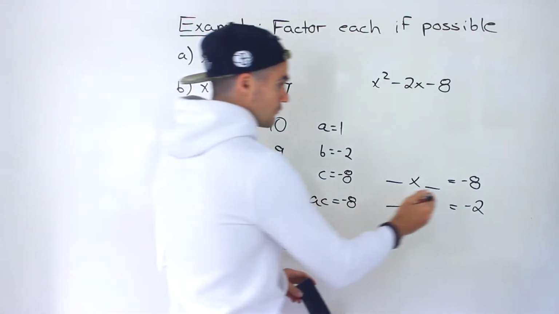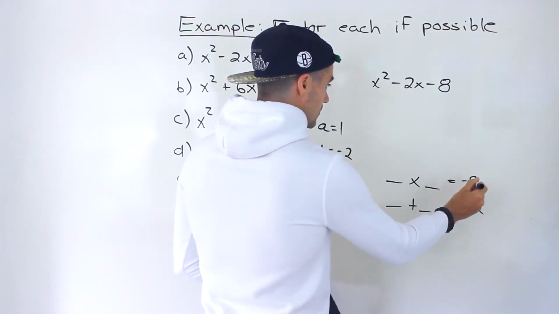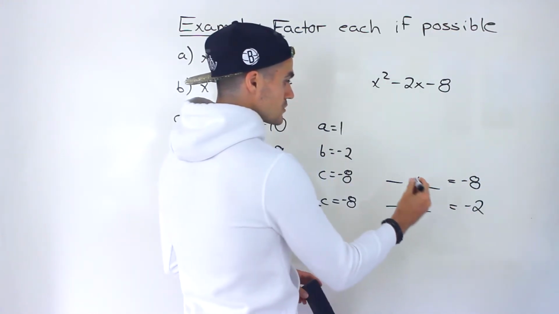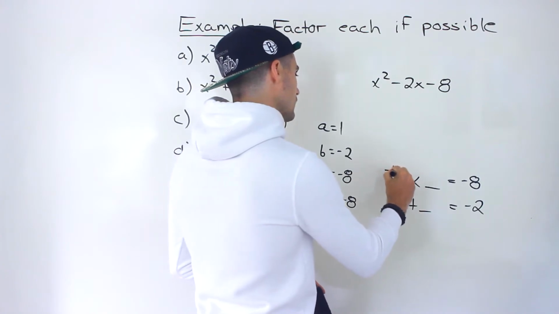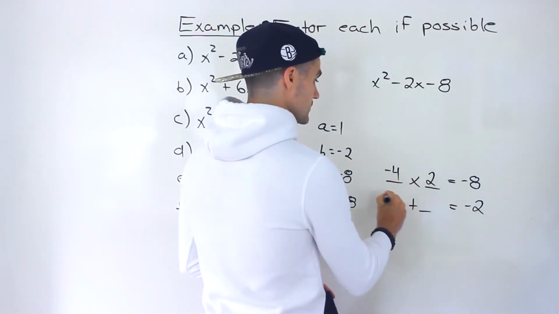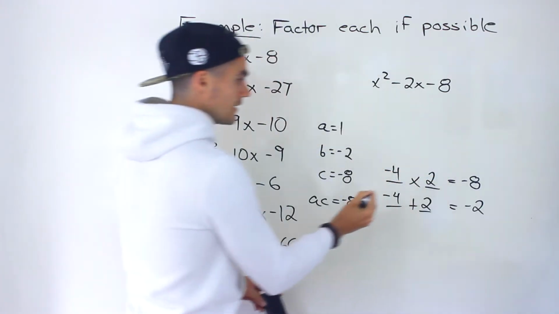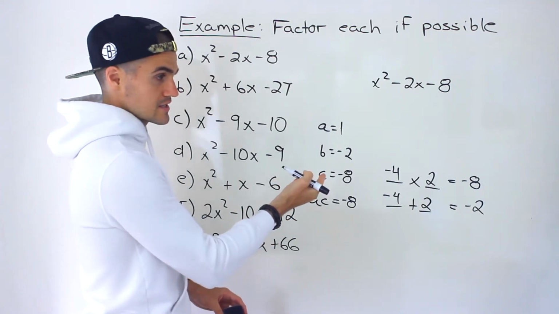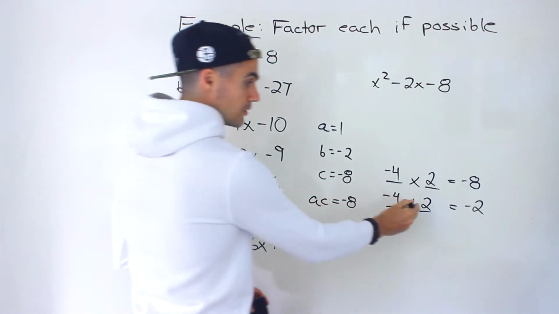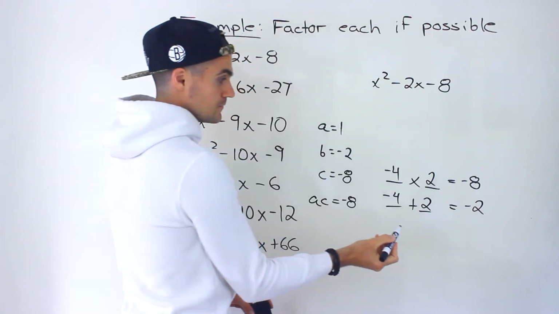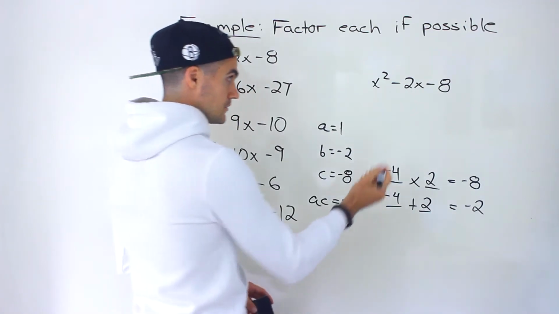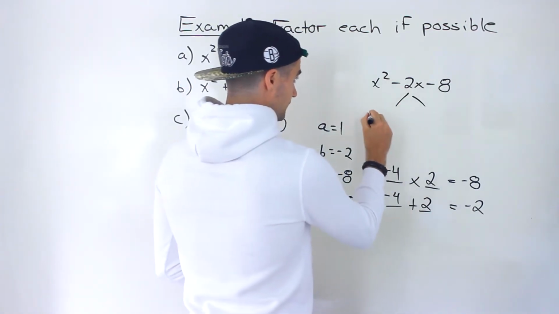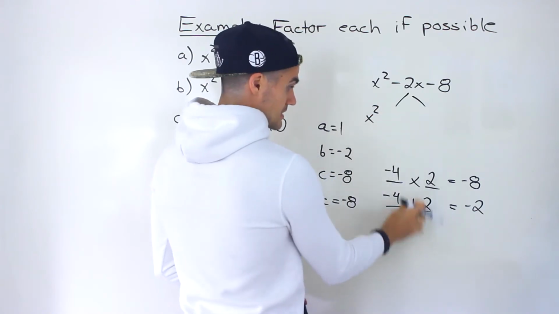So if we got negative 8, two numbers that multiply to negative 8 and add up to negative 2, well, that would be negative 4 and positive 2. Right? Negative 4 times 2 gives us negative 8, and negative 4 plus 2 would give us negative 2. So what we do is we then decompose that middle value into these two values.